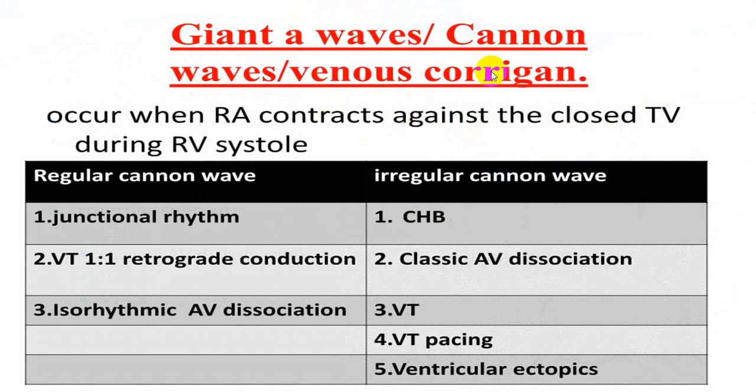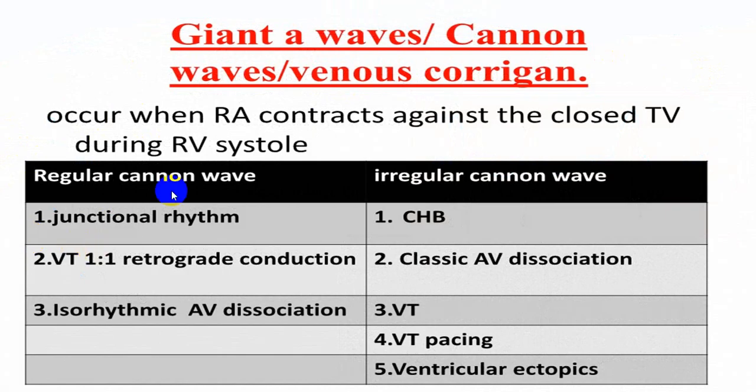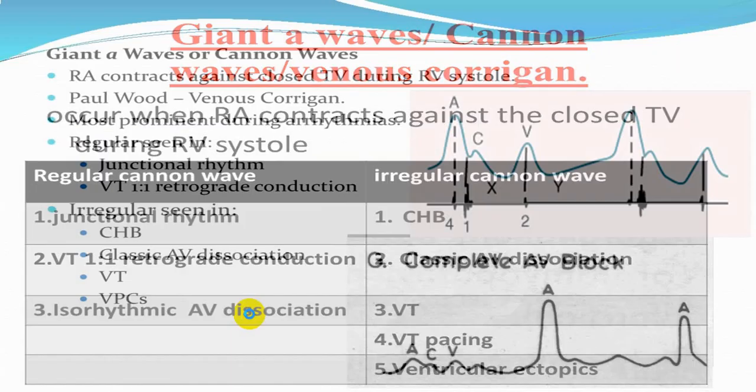You get an arterial corrigan in aortic regurgitation. This is called venous corrigan, also called cannon waves, giant A wave or cannon wave or venous corrigan. You can remember those names. So just remember two: junctional rhythm and complete heart block. In those conditions, you will have irregular, and in junctional it will be regular.